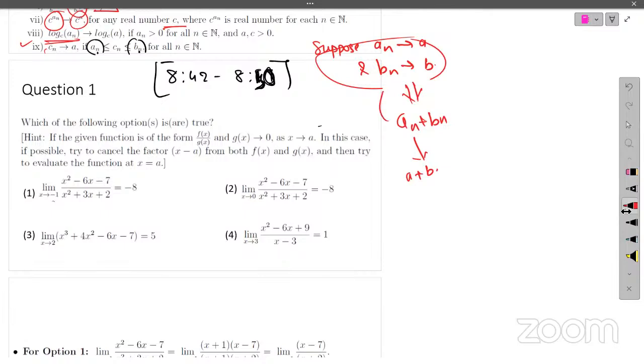But you cannot go in this direction. This direction does not work. For that, I have taken the example 1 minus 1. So the vice versa is not true. Only one direction is true. Understood. Thank you.